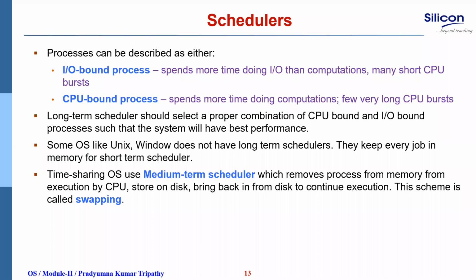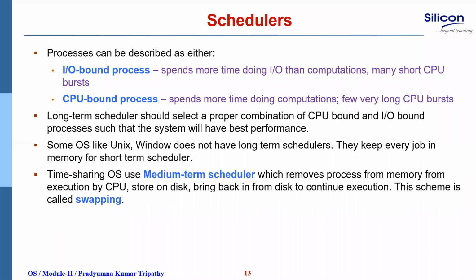IO bound means more IO operations, less computation. So they spend more time doing IO than computation, with many short CPU bursts. Short CPU burst means short CPU execution time, so they have small execution time and more IO. Is it understood what I'm saying?